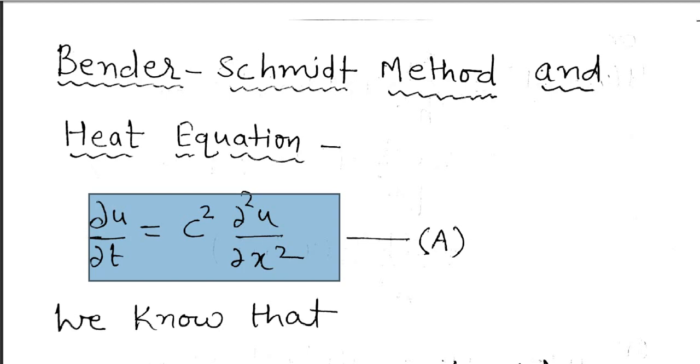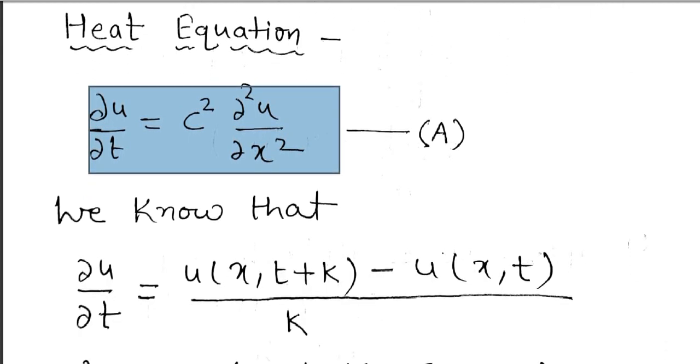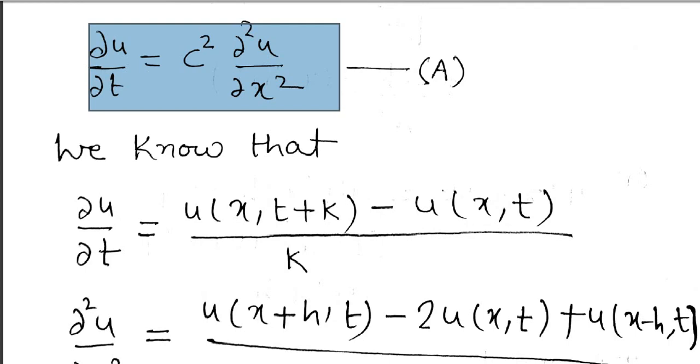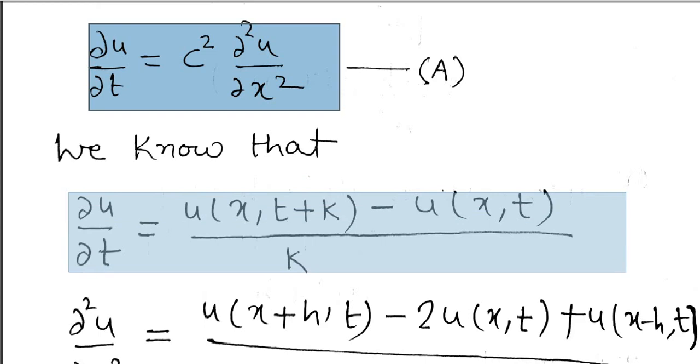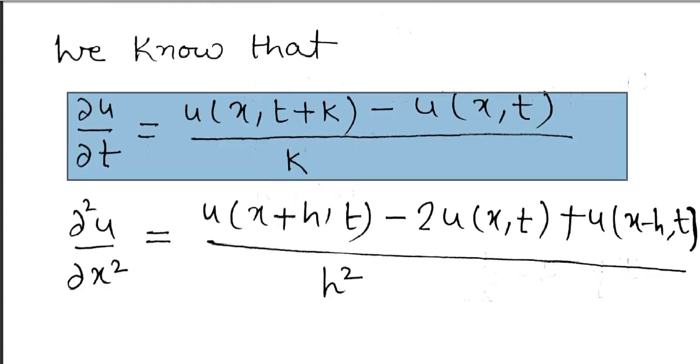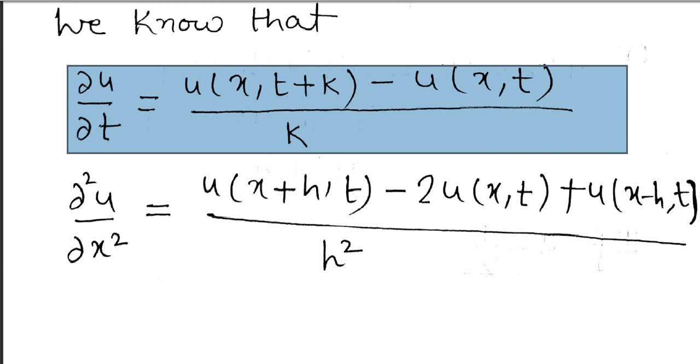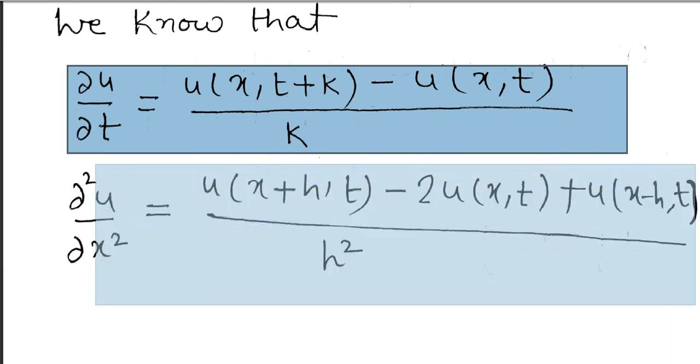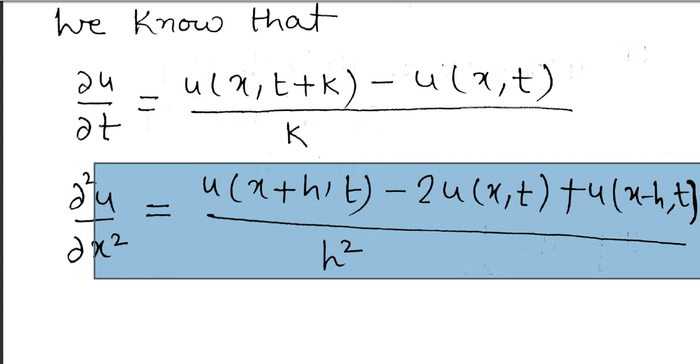So we know that del u by del t is equal to u(x, t plus k) minus u(x, t) upon k, and del 2u by del x square is equal to u(x plus h, t) minus 2u(x, t) plus u(x minus h, t) upon h square.